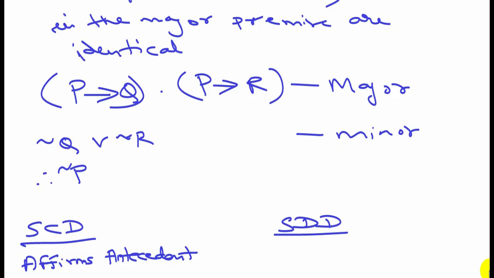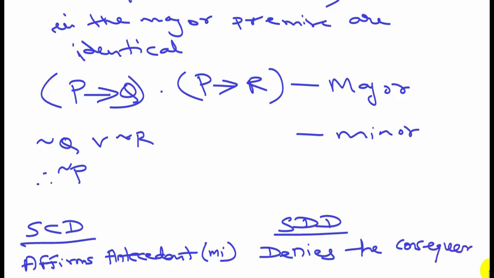And in the simple destructive dilemma, the minor premise denies the consequent. So Q and R are the consequents.